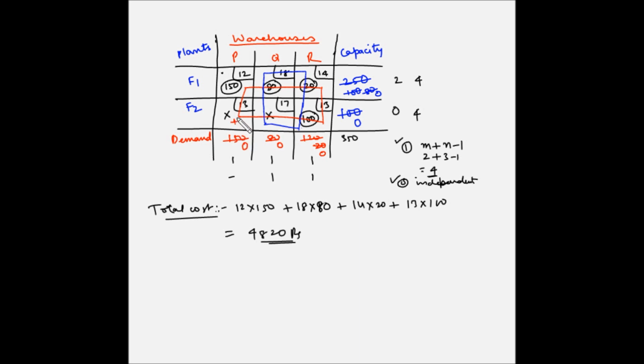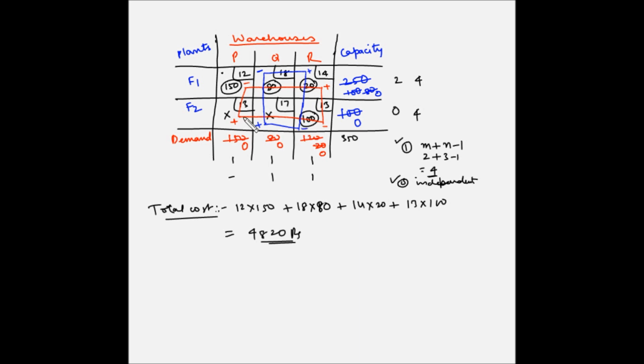Now if we add here, we have to subtract from F1P. Then we have to add to F1R and subtract from F2R. Similarly, a plus sign at F2Q, negative at F1Q, positive at F1R, and negative at F2R.